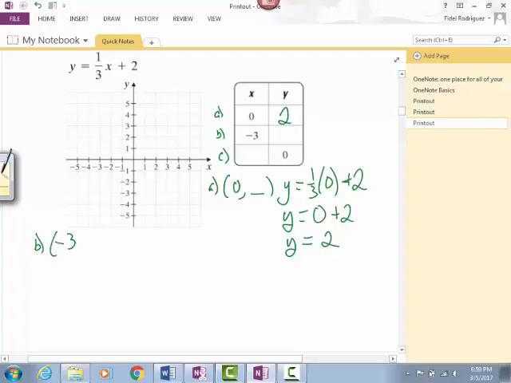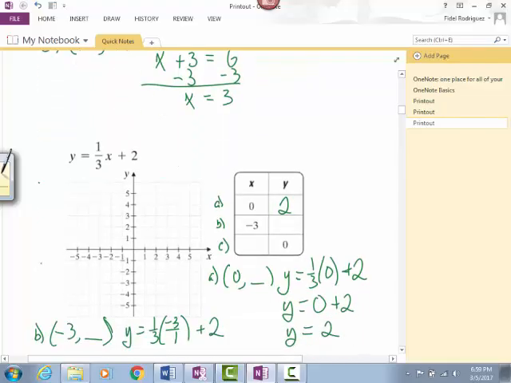is -3, comma, blank. Okay, so that means x is -3. So I'm going to write y equals 1/3. Since I'm plugging in a number that isn't 0, I want to go ahead and think about my number -3 as a fraction. I'm going to write it as -3/1 plus 2. Oops. Let me bring this down.